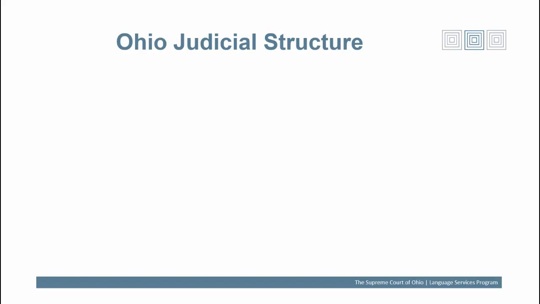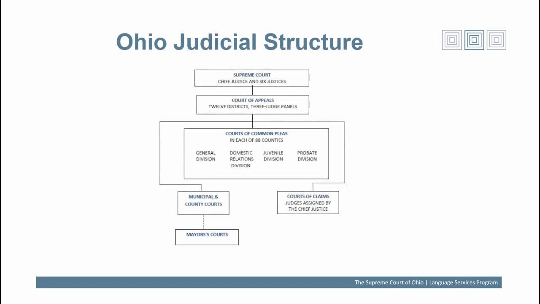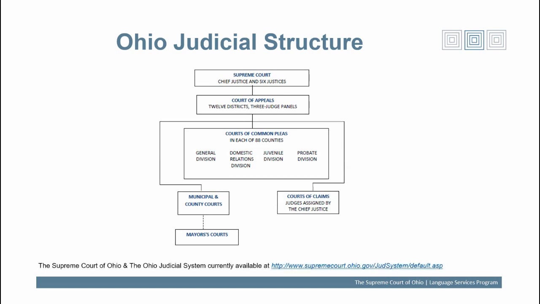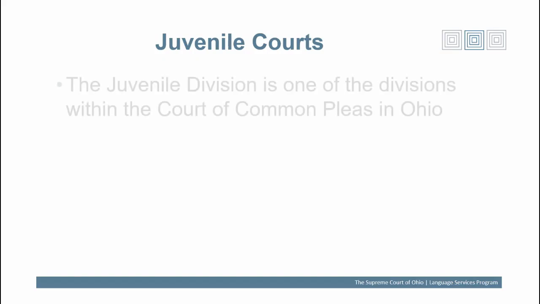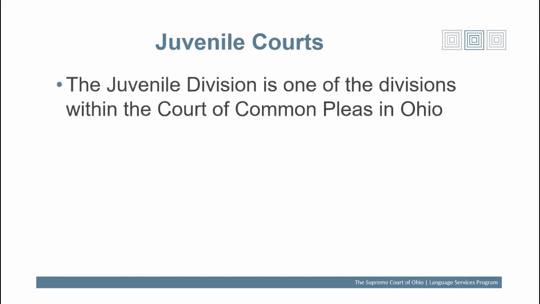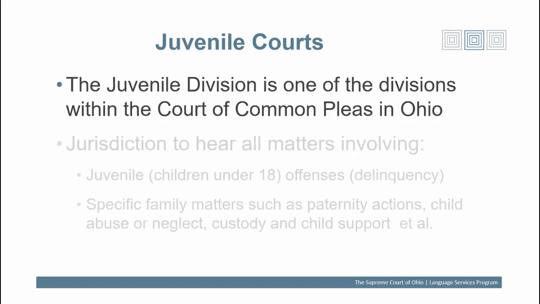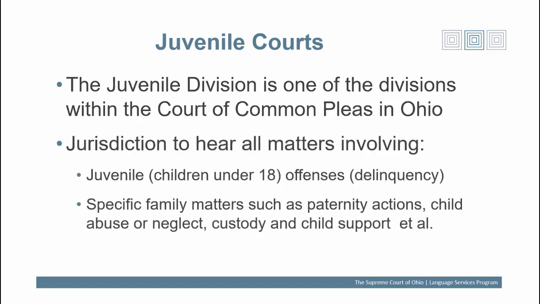Let's go back to how the juvenile system in Ohio works. Remember the structure of the court system in Ohio provided back in Lesson 2? Basically, in Ohio, the juvenile court is a division within the Court of Common Pleas that has the jurisdiction to hear all matters involving juveniles, children under 18, and the offenses they commit, also known as delinquency.